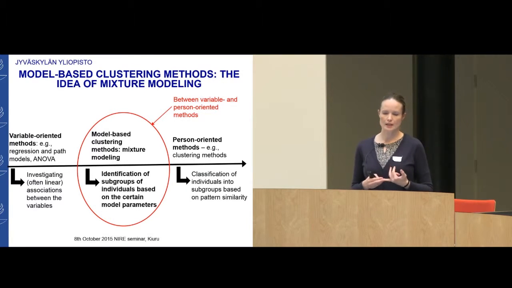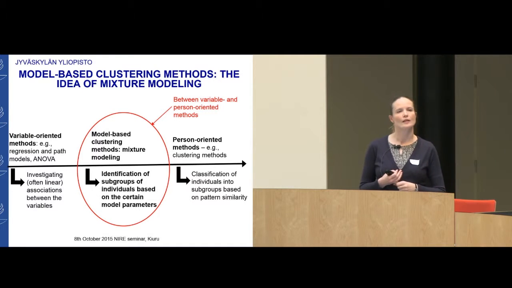And its aim is to identify subgroups of individuals based on certain model parameters. That is, in mixture modeling, the observed distribution is composed of a mixture of different distributions. That is, it's assumed that there are different subpopulations in the data.